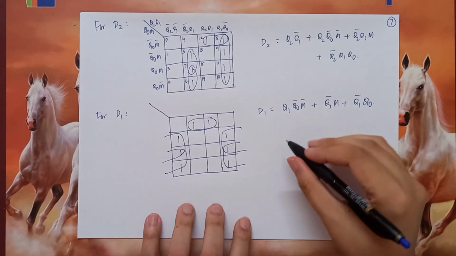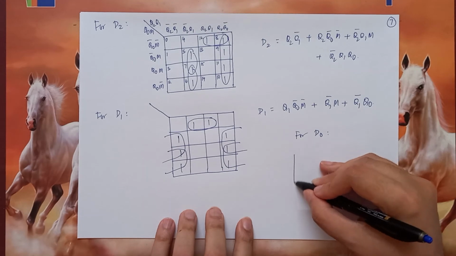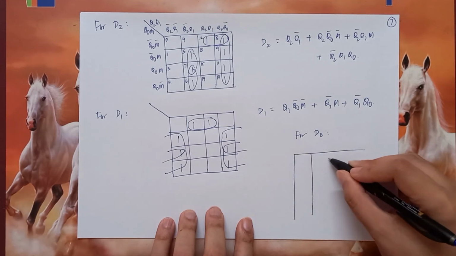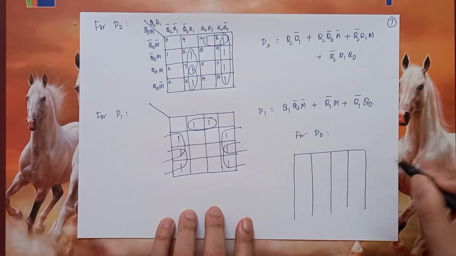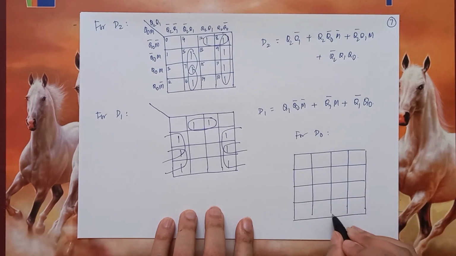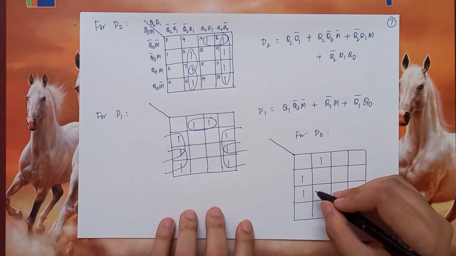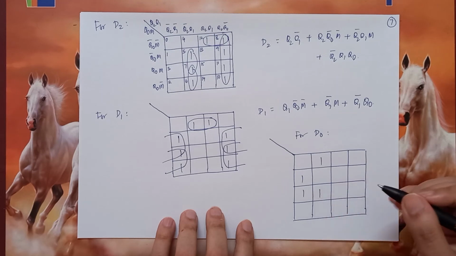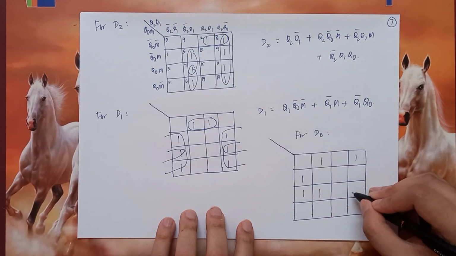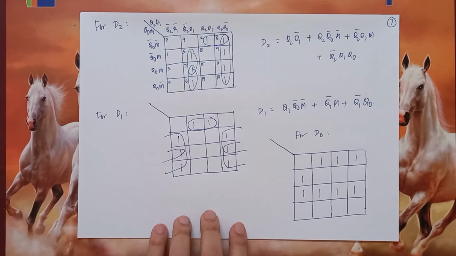For D0, there will be one more Kmap. Where the minterms are 1, 3, 4, 7, 8, 11, 12 and 15. This is what it is.